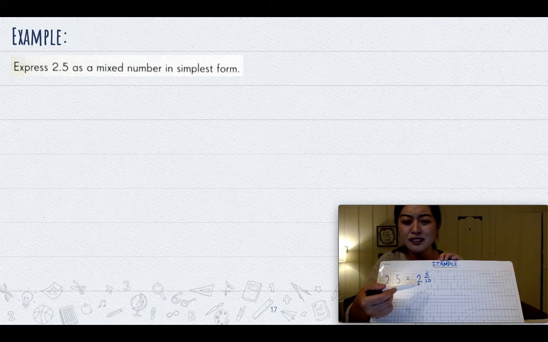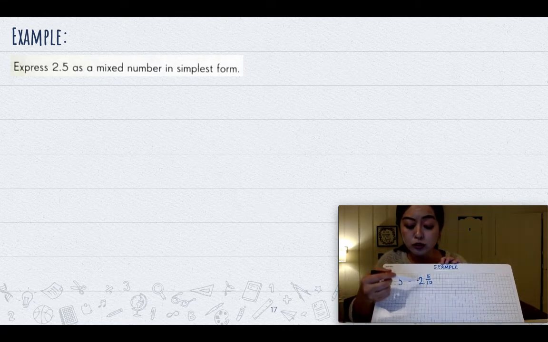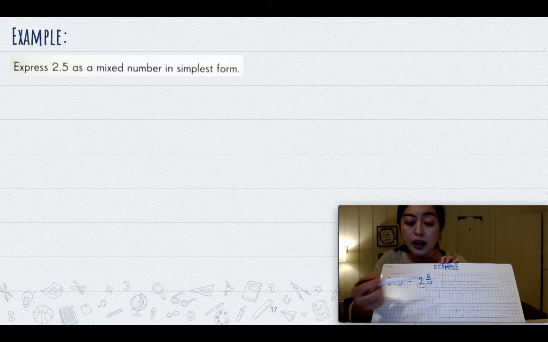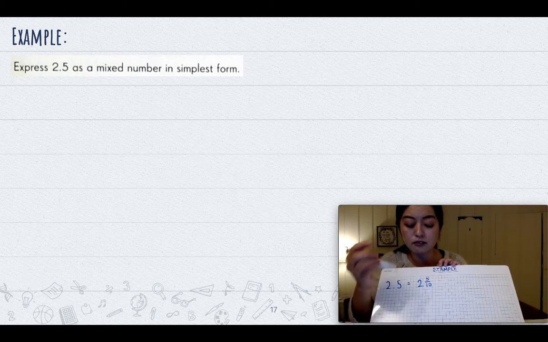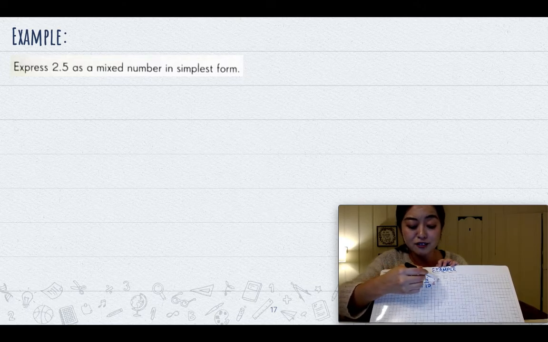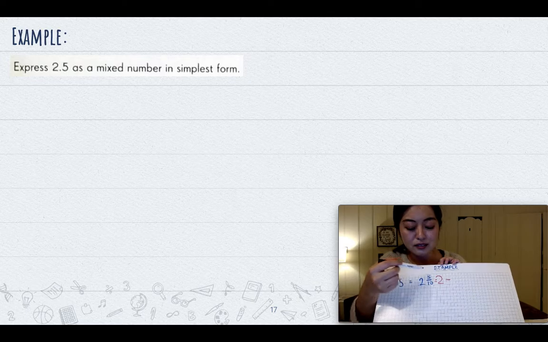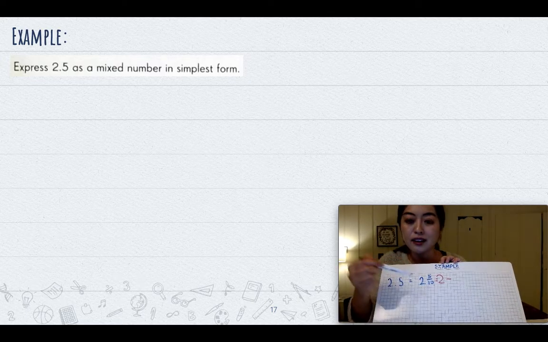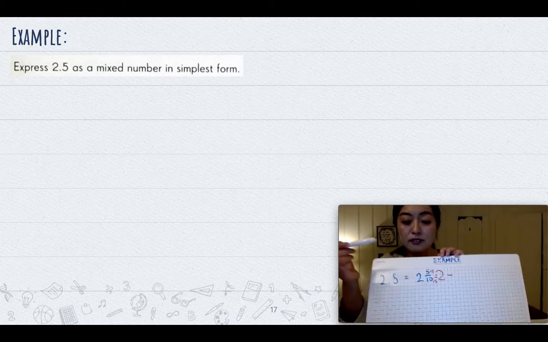Can I simplify it? When I simplify a mixed number, I'm not going to look at my whole number. I'm only going to focus on my fraction, okay? So when I want to simplify this, let's look at the fraction. And I can't forget to write my whole number, okay? So let's see, 5 and 10. What's a common factor? 5. So I'm going to divide the numerator and the denominator by 5.